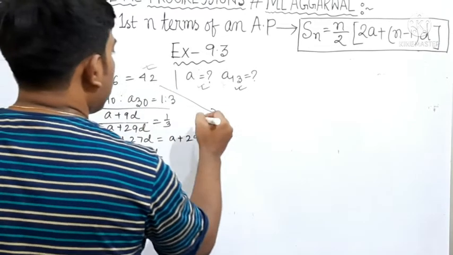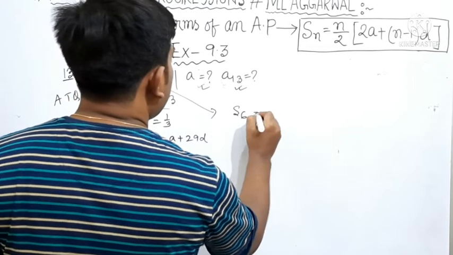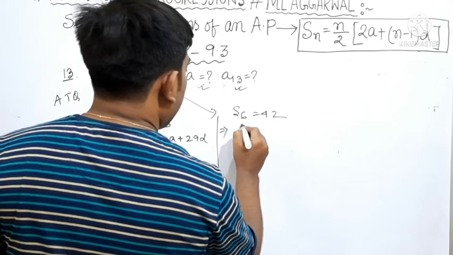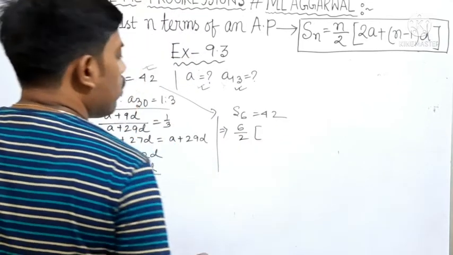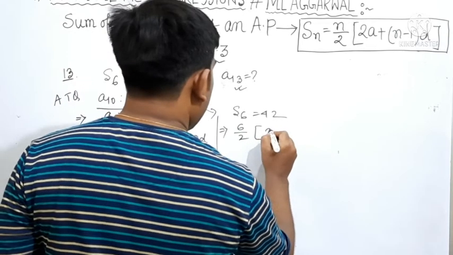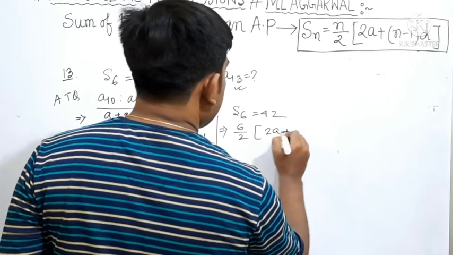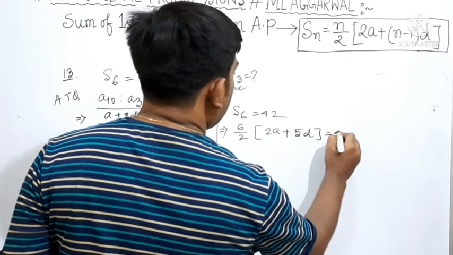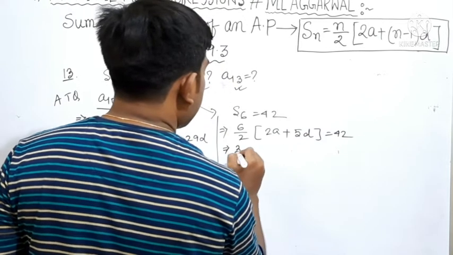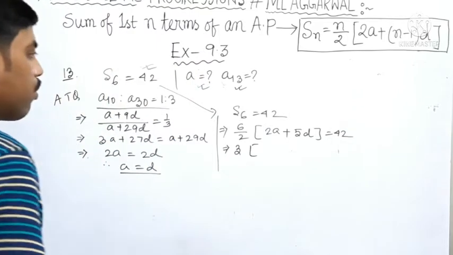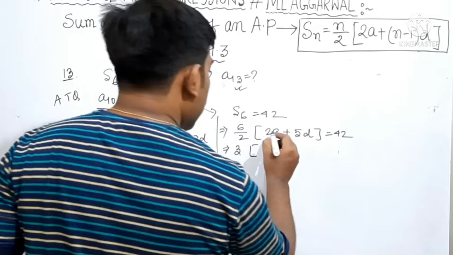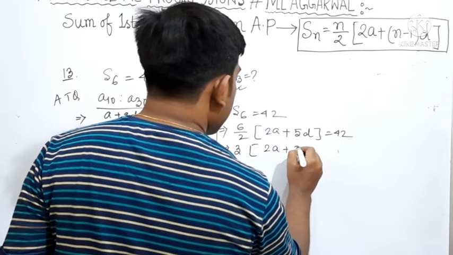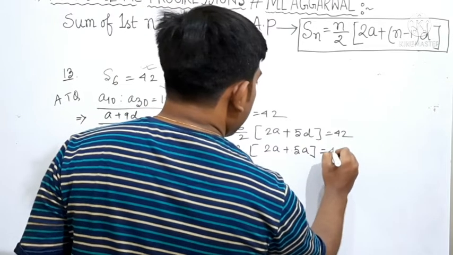Now from the other condition, what will happen? S6 is equal to 42 implies n by 2, 6 by 2, twice a plus n means 6, so 5d is equal to 42. So we can write it as 3 into 2a plus 5d. Here we use a is equal to d. So we can write it as 3 into 2a plus 5a is equal to 42.